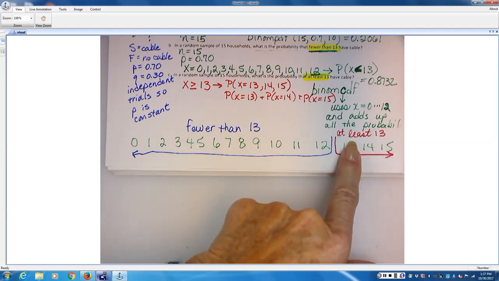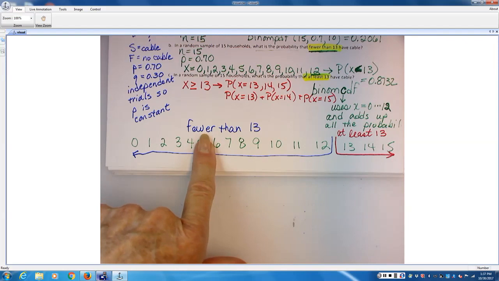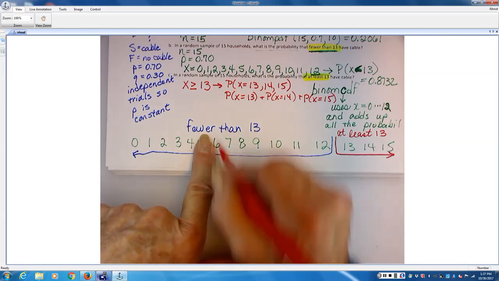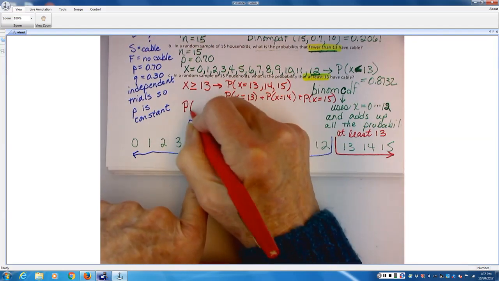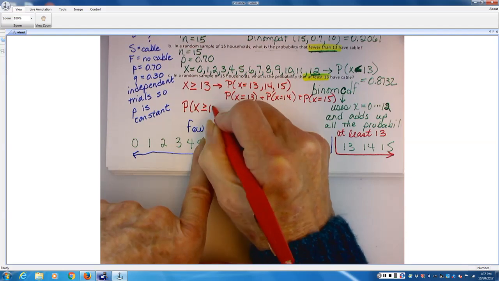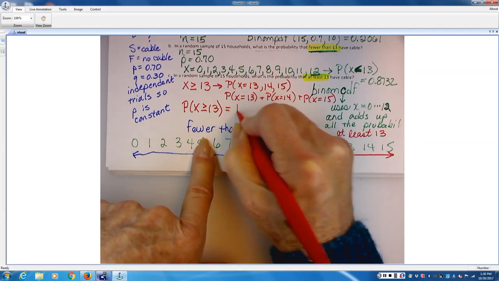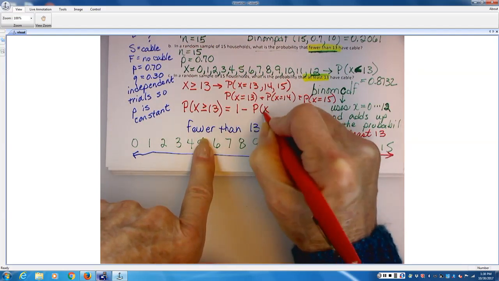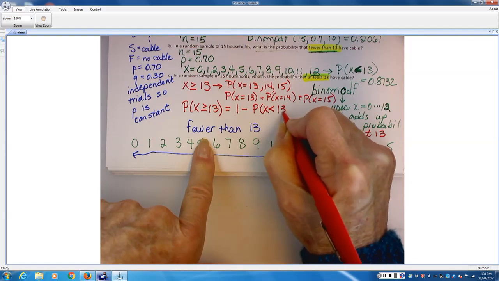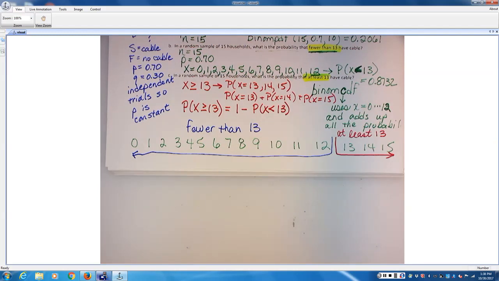There are either at least 13 or there's not at least 13. The probability x is equal to or greater than 13 is 1 minus the probability that it's less than 13. Okay?